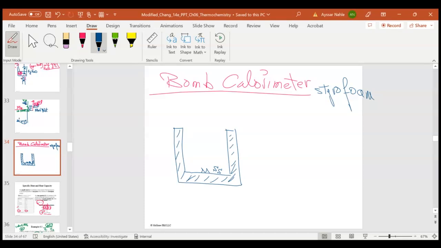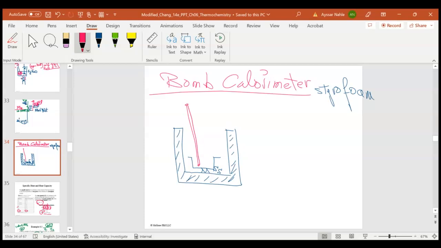Let me make it a little bit bigger so I can put some material inside. Now you have the stainless steel right in here, and it has a cover. From outside, I'm going to put in there a certain pipe.